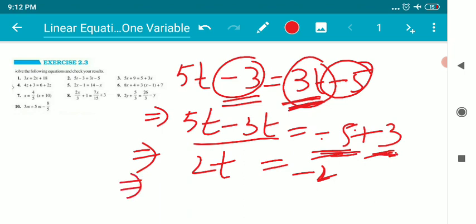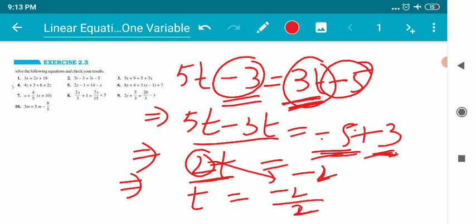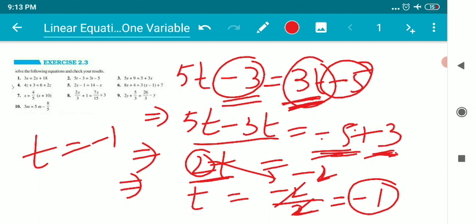Now children, t is equal to minus 2, and this 2 which was multiplied with t will be transposed to the right hand side, it will become divided by 2, because multiplication becomes division and division becomes multiplication when we transpose any number. So minus 2 and plus 2 will cancel, I'll get minus 1. The value of t is equal to minus 1.